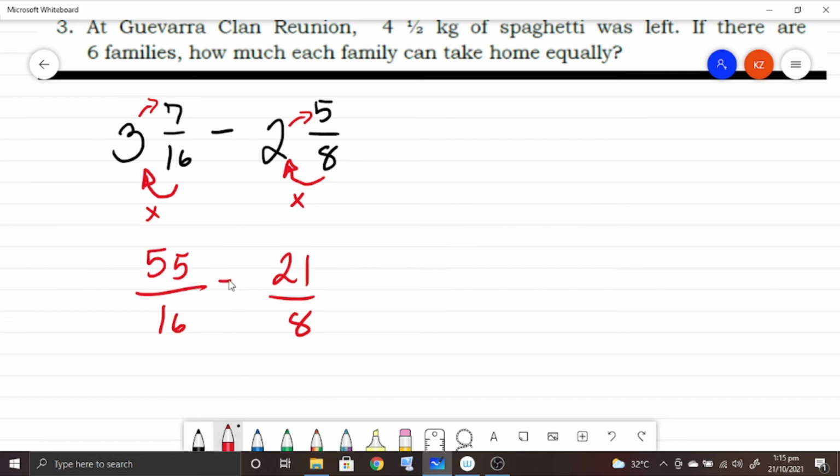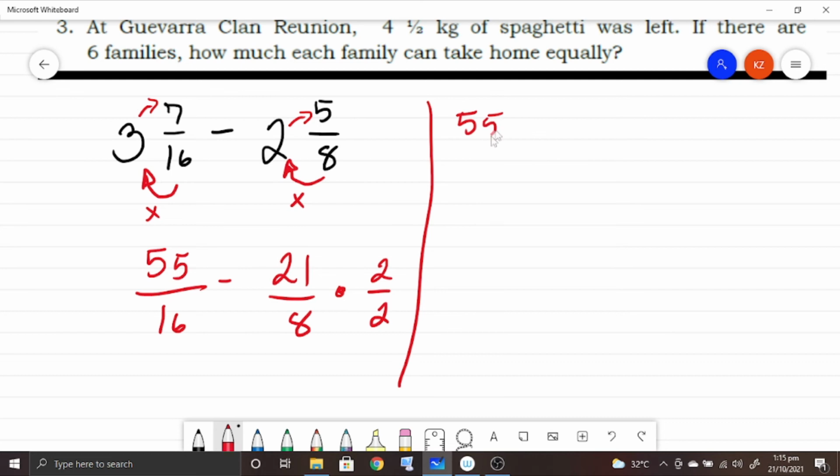Alright, so since it is subtraction, hindi tayo pwedeng mag-subtract ng magkaiba ang denominator, so magmumultiply tayo ng 2 over 2 para maging 16 yung denominator ng 21 over 8. Ayan, dito na tayo magsulat.